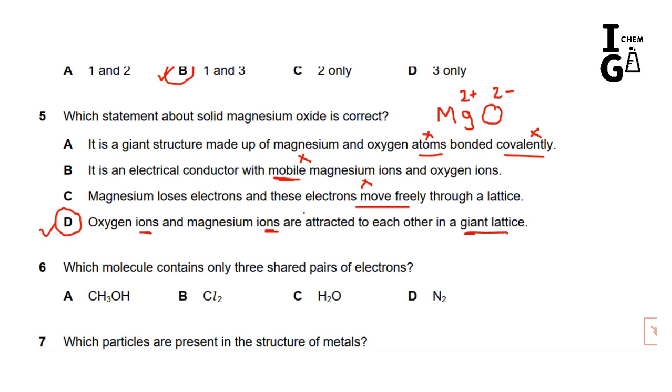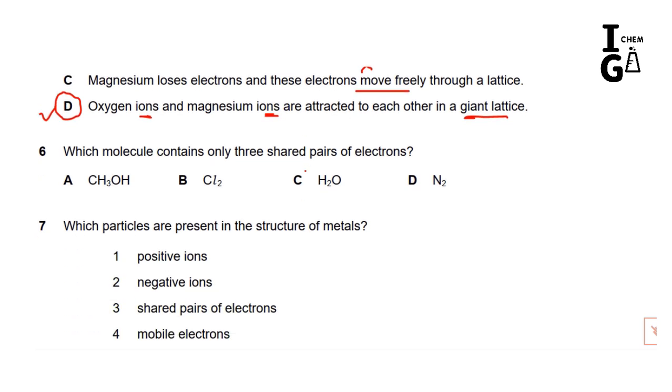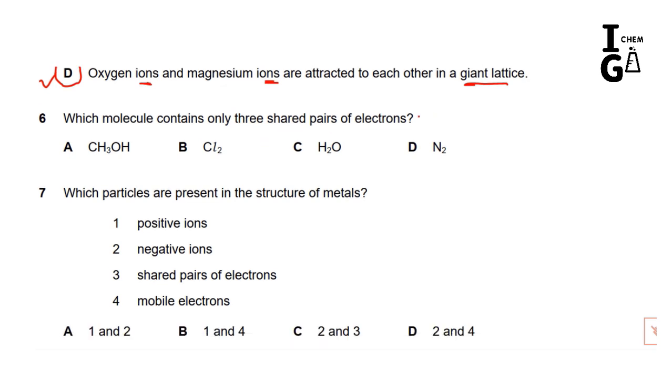Okay. Number 6, which molecule contains only 3 shared pairs of electrons? We need to count only 3 shared pairs of electrons. The first one is CH3OH. So I think here you have C, 1, 2, 3 H's, and here O, H. If you count, guys, number of shared pairs of electrons, you'll find here 1 pair, 1, 2, 3, 4, 5.